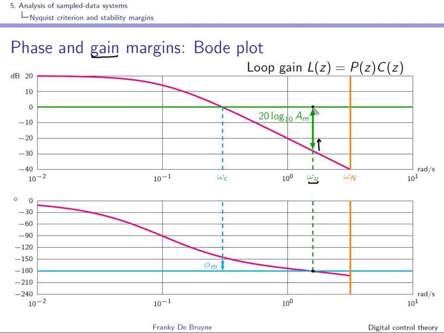So we have here a gain margin in the Bode diagram in dB, and you can compute it with this relation in absolute terms. So the gain margin in absolute terms will be AM, and you can obtain it from the gain margin expressed in dB that you can read in the Bode diagram.